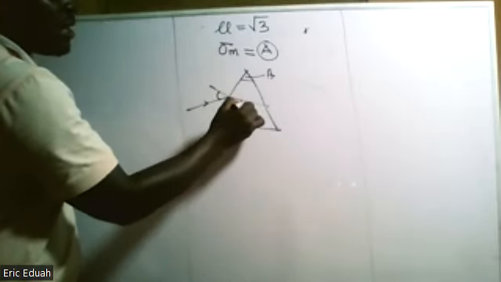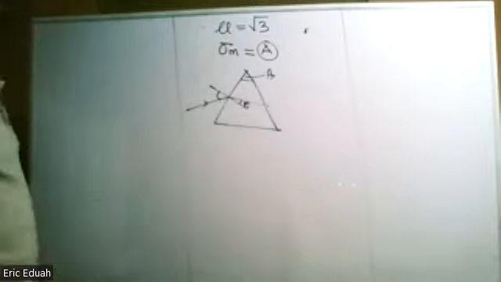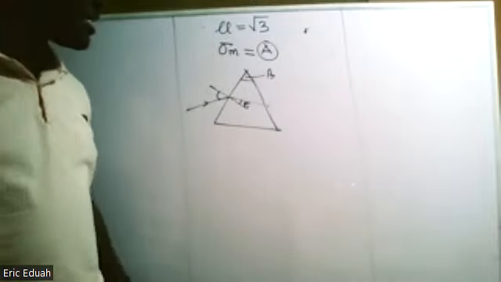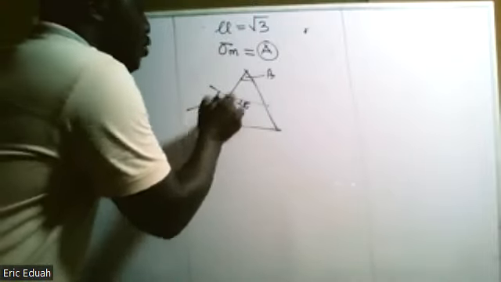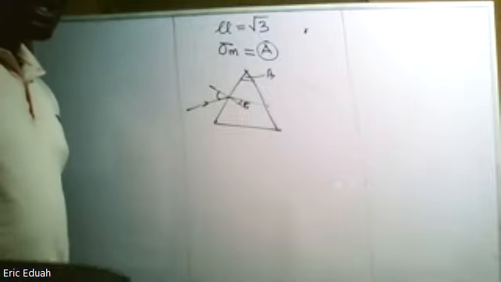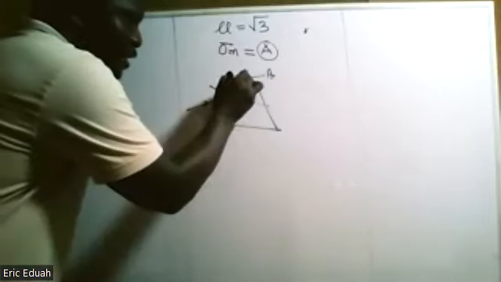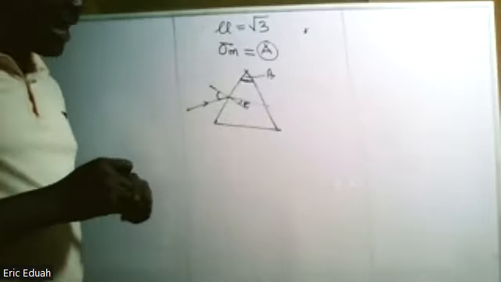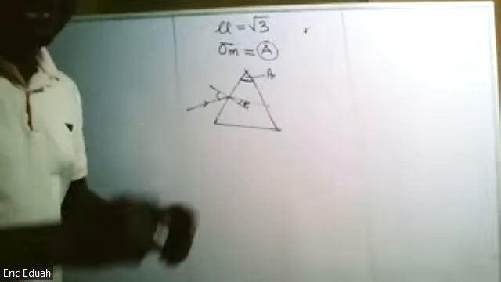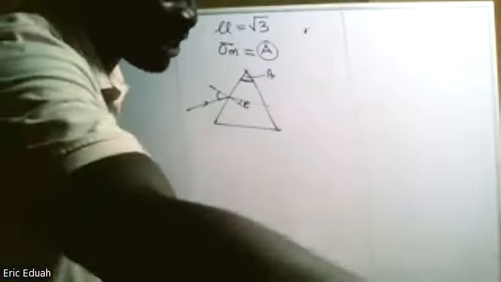This angle is R1, the angle of refraction at the first plane, OA. So angle of refraction is different from angle of the prism. Angle of the prism is the same as the refracting angle of the prism. Take note. Angle of refraction is different from refracting angle of the prism.